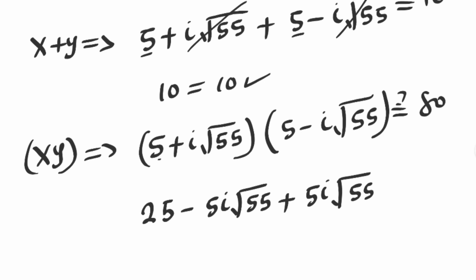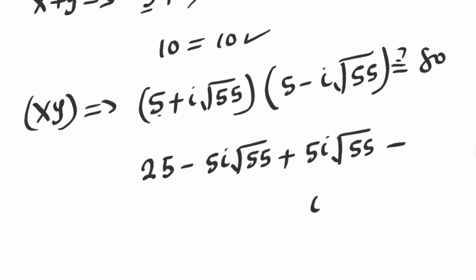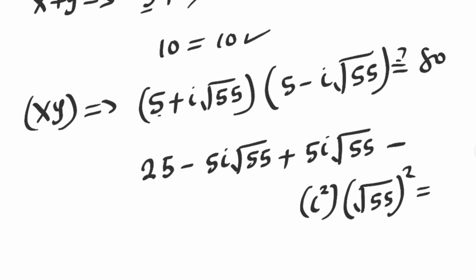Then i root 55 multiplied by minus i root 55. This is minus i square multiplied by square root of 55 square, must be equal to 80.